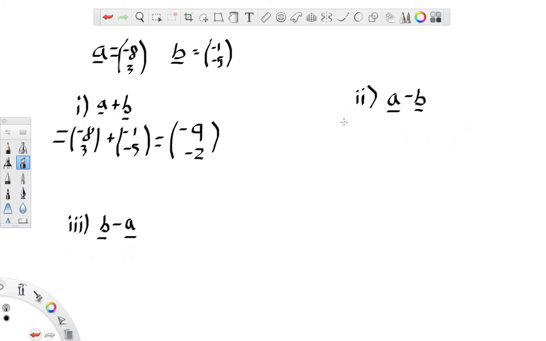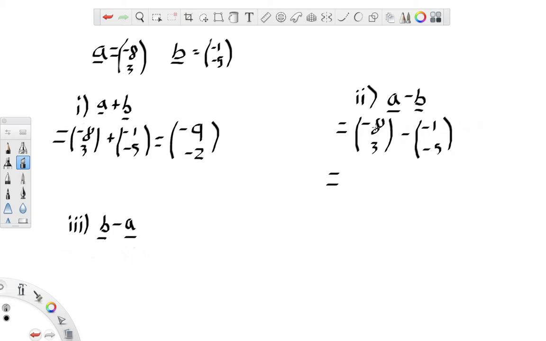Question 2 is A minus B. So that's minus 8, 3 for A, and then we're taking away minus 1, minus 5. We've got to be really careful here because we've got minuses for our vertical and horizontal components of B, and we've also got a minus.